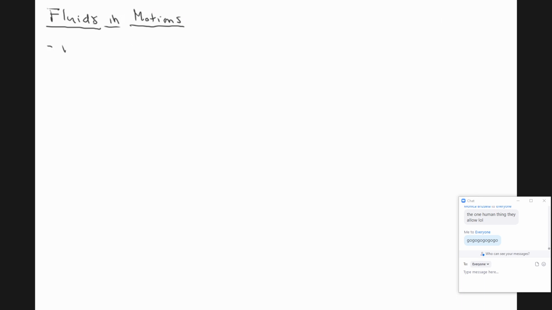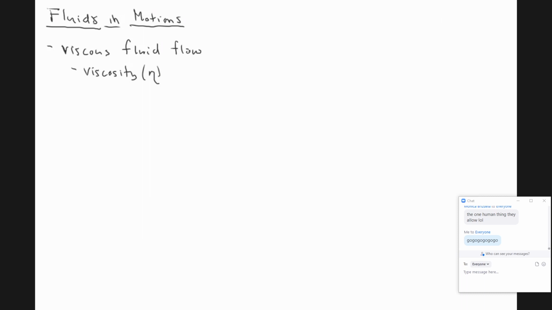So real world fluidics. We're talking about viscous fluid flow. What is viscous fluid flow? Viscous fluid flow entails anything that has what we call viscosity, which is simply denoted by the Greek letter eta, which looks like an N with a curly.